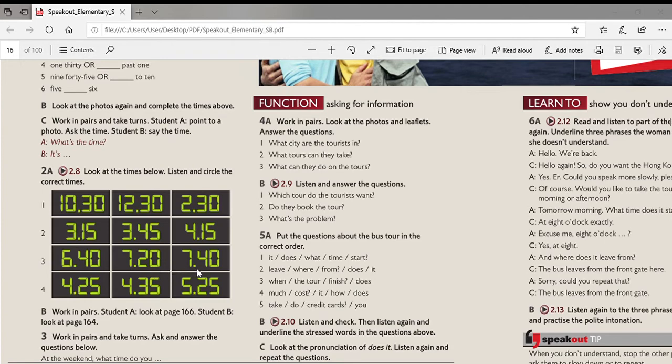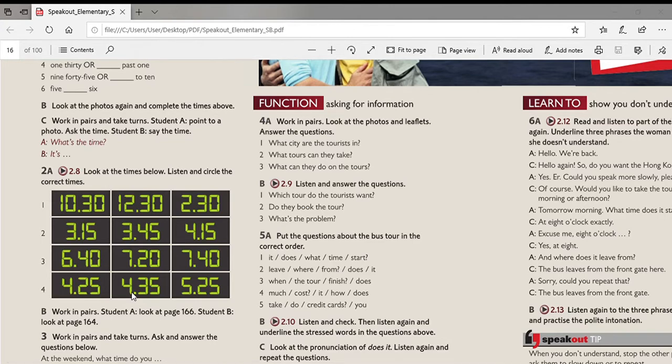Then 7:20, and here 20 minutes to 8. So 20 minutes are left to 8 o'clock. Here, up to 5 o'clock we have 25 minutes. So we say 25 minutes to 5.